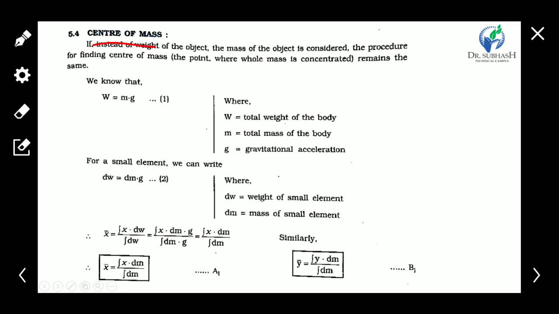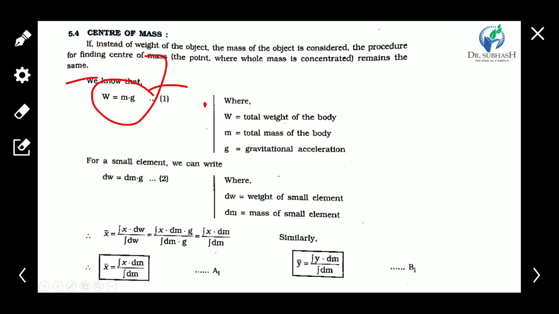Now, center of mass. If instead of the weight of the object the mass of the object is considered, the procedure for finding the center of mass remains the same. Center of weight means center of gravity, because gravity gives weight to all bodies on the earth. So we can say that the center of gravity is the center of weight. Similarly, the center of mass is found like the center of weight, and the same procedure is followed.